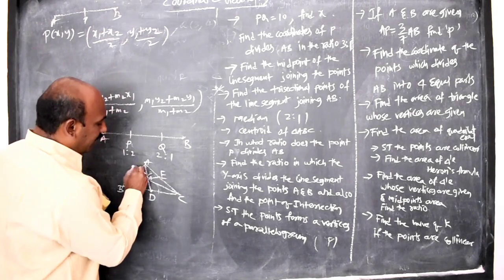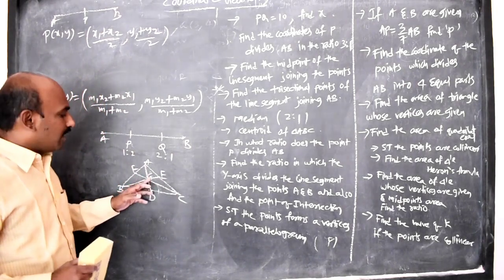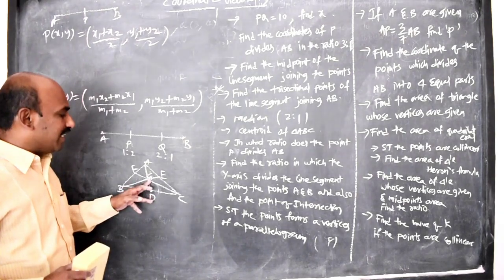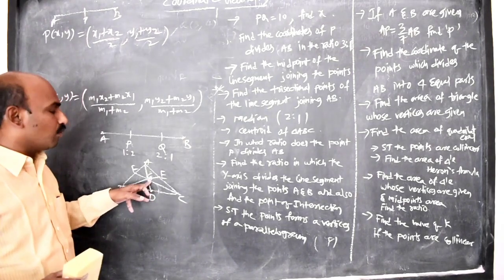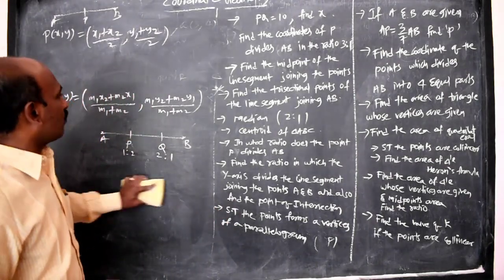Here E, here F. AD is a median, BE is a median, CF is also a median. These 3 medians intersect at a single point, and we call that the centroid. And the centroid divides the median in the ratio 2:1.